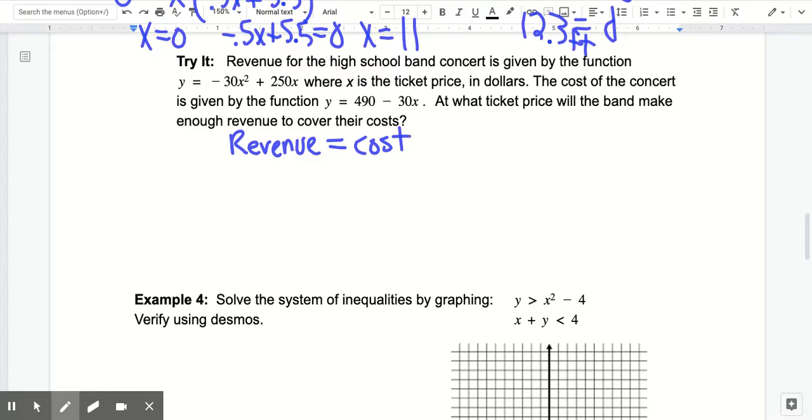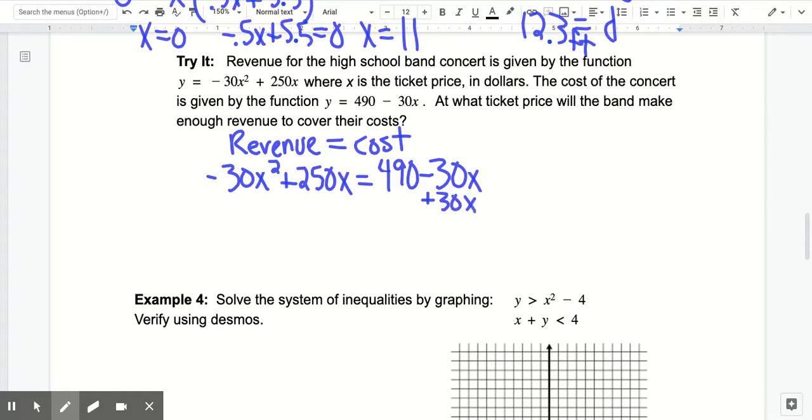So these are already set up. The revenue equation is negative 30x squared plus 250x. The cost equation is 490 minus 30x. We just need to solve that. It's already kind of set up for substitution. So I'm going to start by getting everything to the same side.